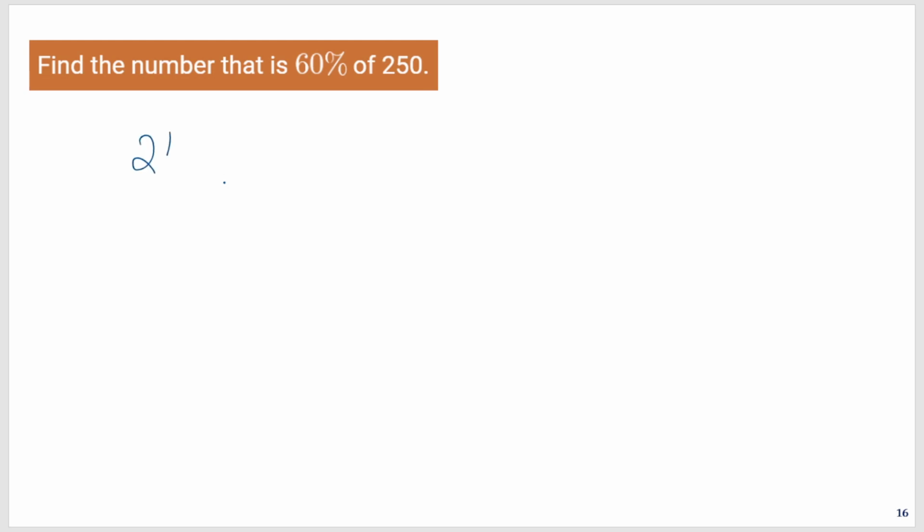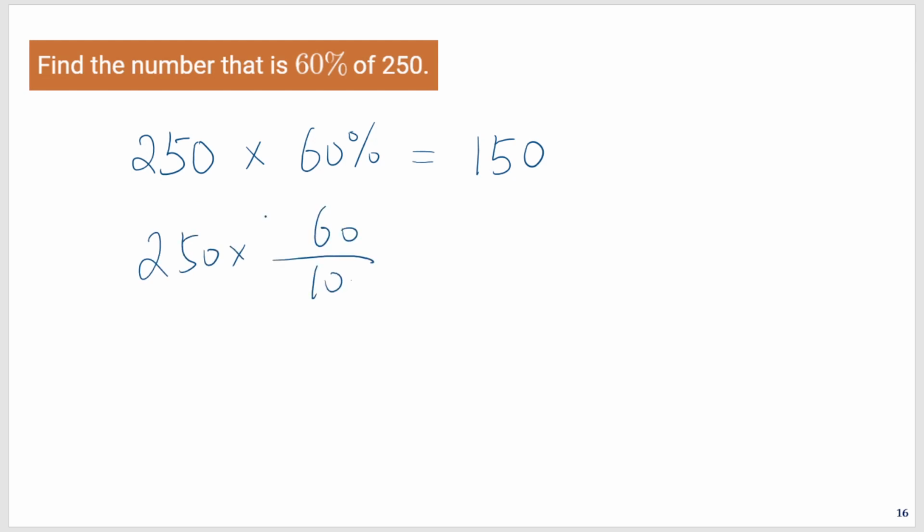The answer is obvious, right? You just use 250 times 60%. Then you get the number that is 60% of 250, which is 150, right? Very simple concept. Did you get it? Of course, you could also use 250 times 60 over 100. This will also give you 150. You could use either way.